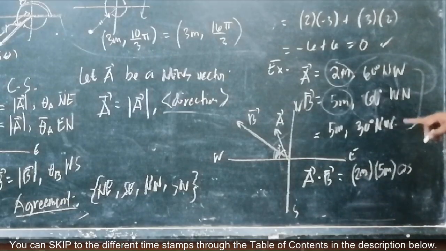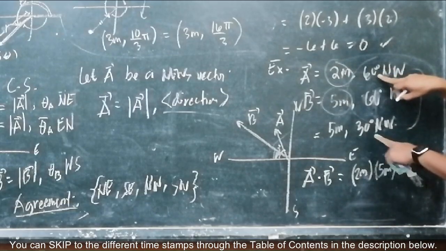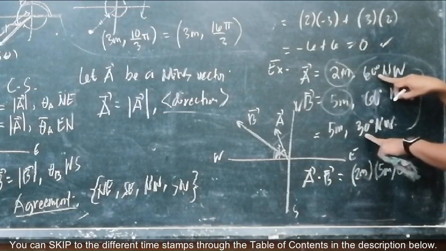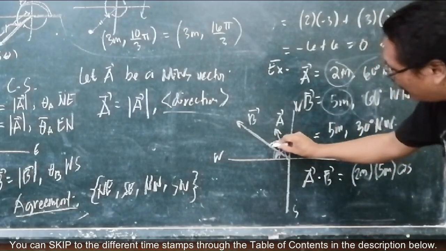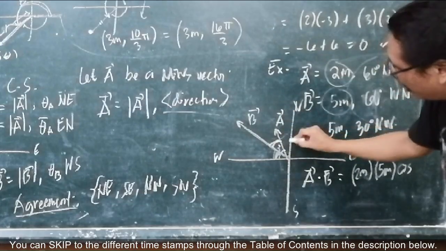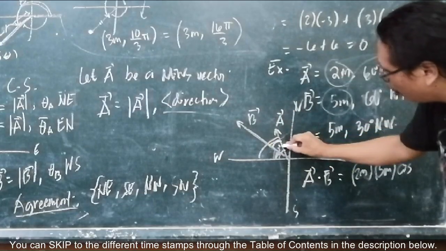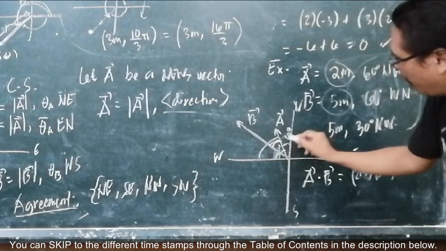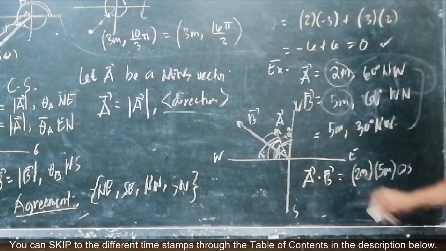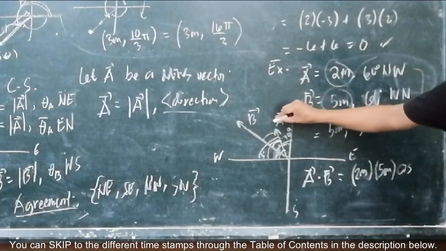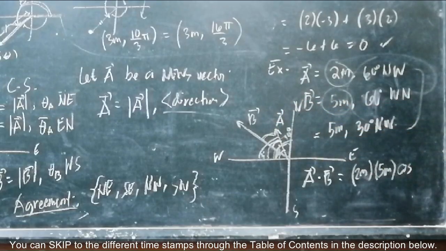Well, this is 60 degrees northwest and 30 degrees northwest. So the difference is, since this is 60, this must be 30, right? And since this is 60 here, this one must be 30. So the angle between them is just 30. It's easy to calculate.